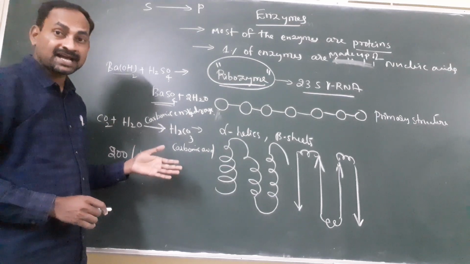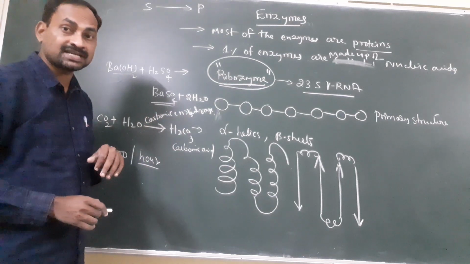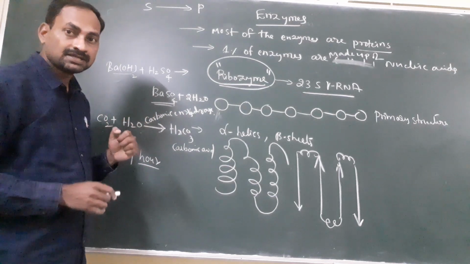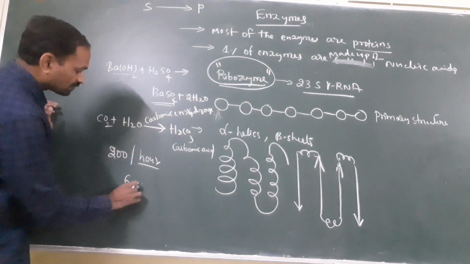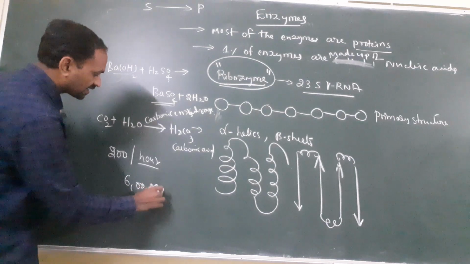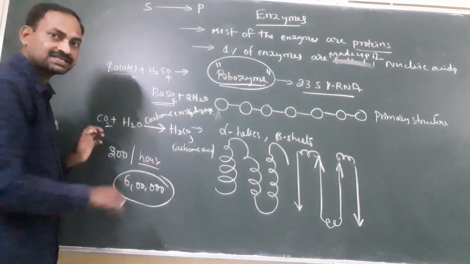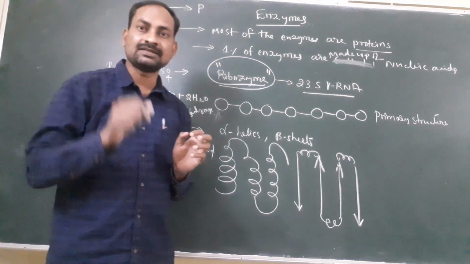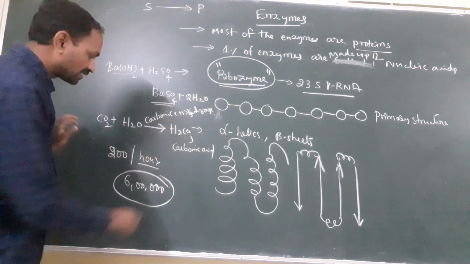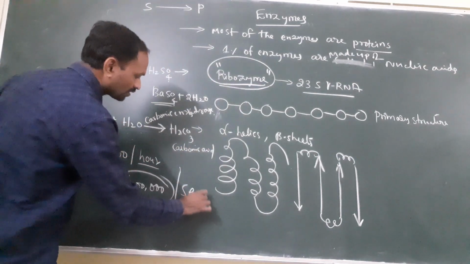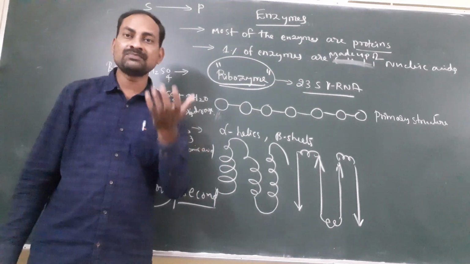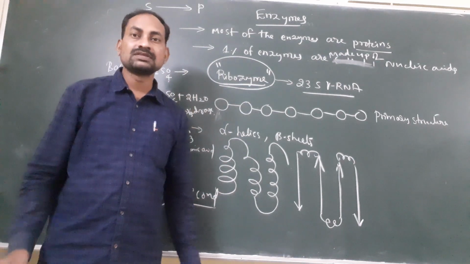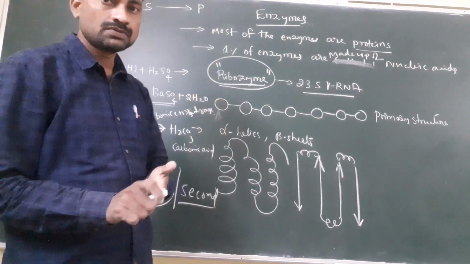But when this reaction takes place in the presence of the enzyme, carbonic anhydrase, just see the velocity of the reaction. 6 lakh molecules of carbonic acid are formed in a second, not in an hour, in a second. So the velocity of the reaction increased 1 million times. So that is the power of enzymes.